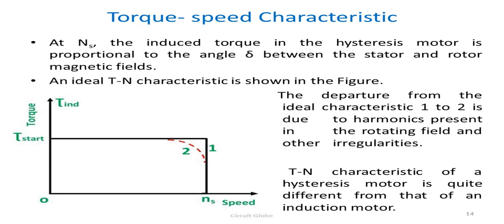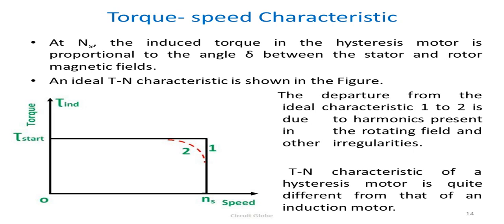Torque speed characteristic. At synchronous speed, the induced torque in the hysteresis motor is proportional to the angle delta between the stator and rotor magnetic fields. An ideal torque speed characteristic is shown in the figure. The departure from the ideal characteristic 1 to 2 is due to harmonics present in the rotating field and other irregularities.